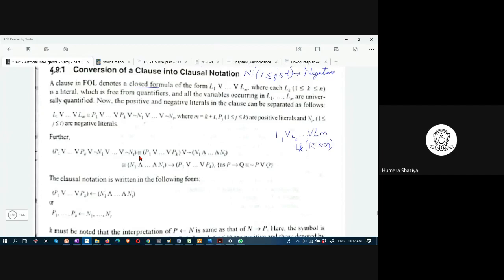This is a clause in FOL. Each L is a literal, and each one is universally quantified. I'm talking about FOL, first order logic.